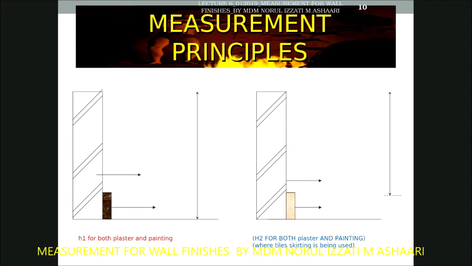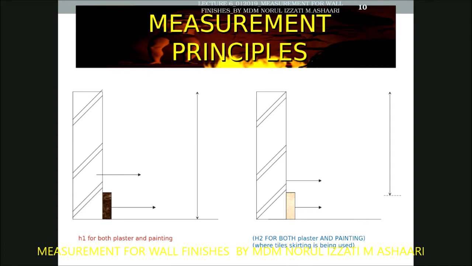Let's look at this one again. This is the scenario where you have timber skirting. Timber skirting is measured on the floor, but that will affect the wall finishes later. If we have timber skirting, it is not required to use screed.